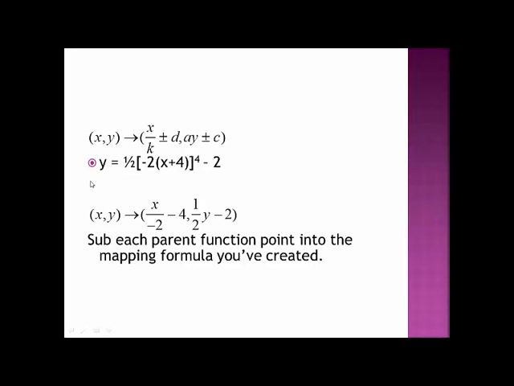So for this function here, we're starting out with x and y. We're going to divide by negative 2. We're going to subtract 4, because those are the horizontal transformations. And then for the y values, we're going to multiply by half and subtract 2. So any point on the parent transformation can be changed using this mapping formula that we just created.